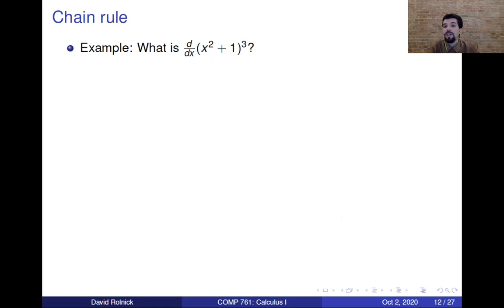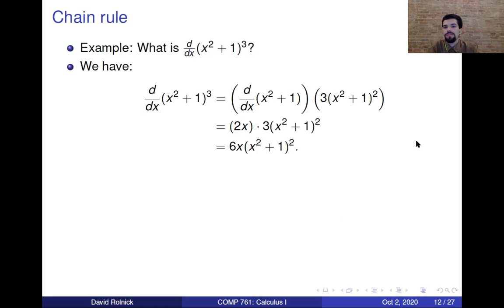Yeah, so in this particular case, we could take f of x to be x squared plus 1, and we could take g of x to be the cube of its input. So what you can do is you can take the derivative of a cube, which is 3 times the thing squared. That's just the derivative of g evaluated at f of x.